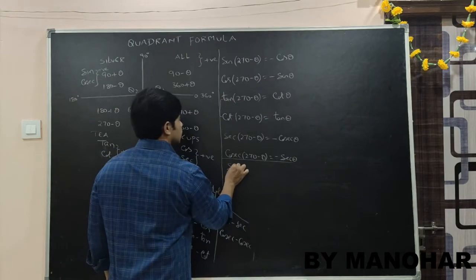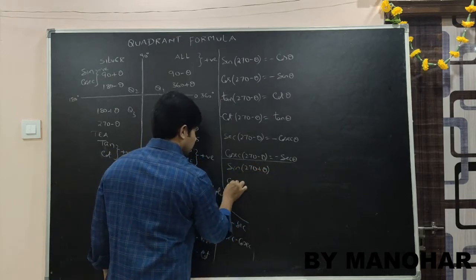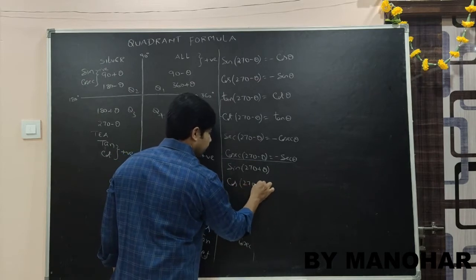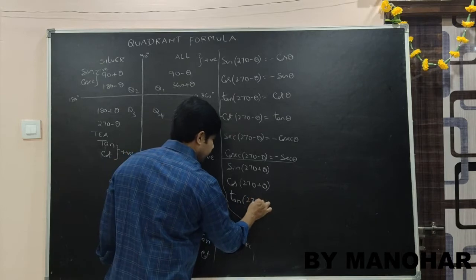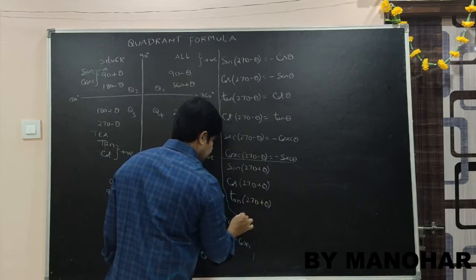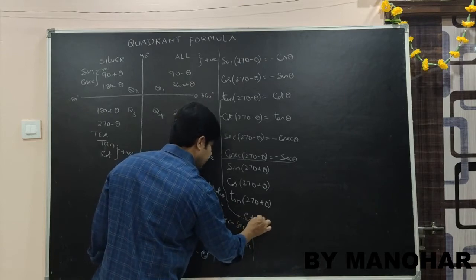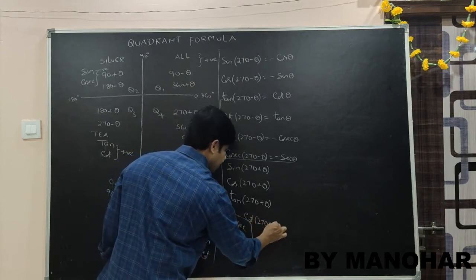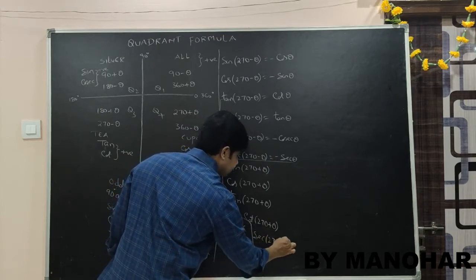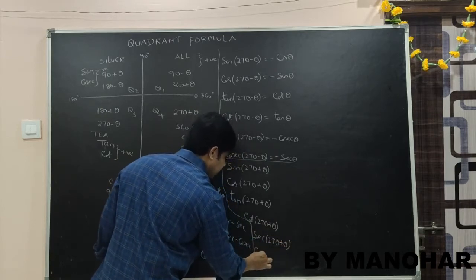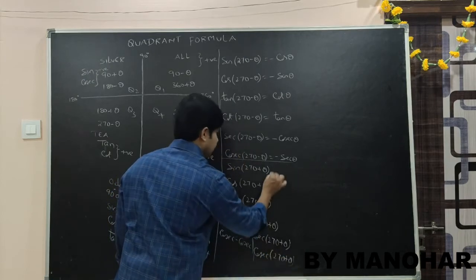So, sine of 270 plus theta, cos of 270 plus theta, tan of 270 plus theta, cot of 270 plus theta, secant of 270 plus theta, then cosecant of 270 plus theta.